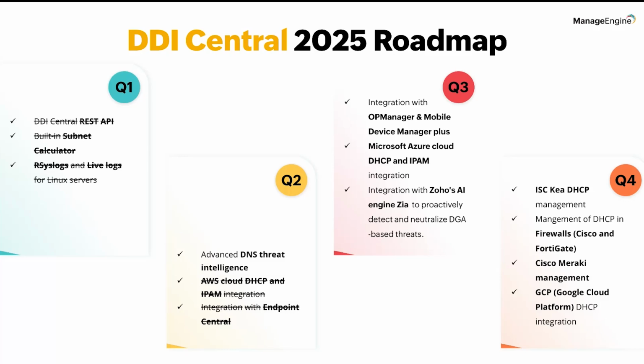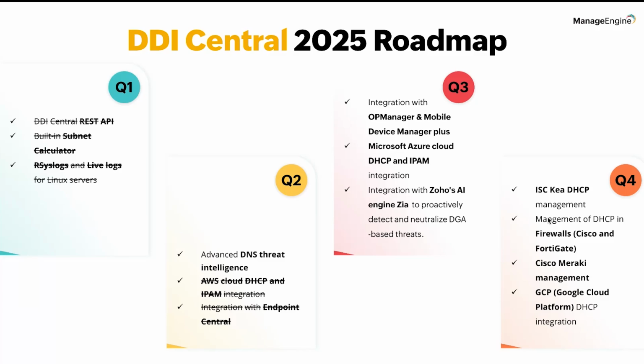And we are going to introduce DDoS protection templates. And since most of our prospects have asked for Cisco DHCP management via Cisco Meraki switches, we are also planning to introduce that as well. And we are also extending our DHCP support for ISC Kea as well.